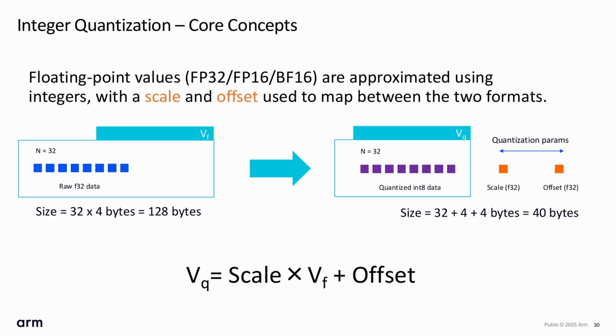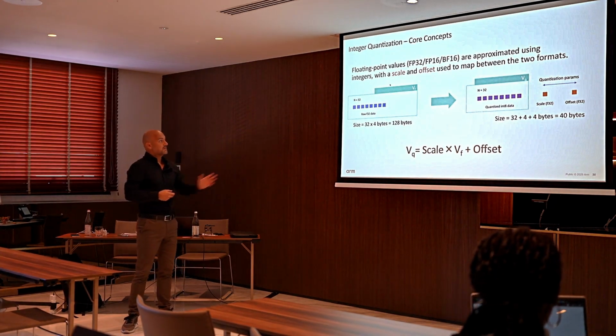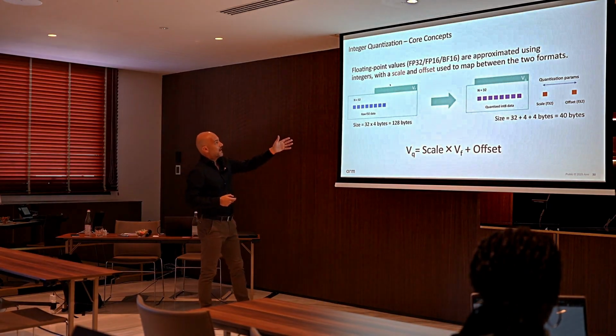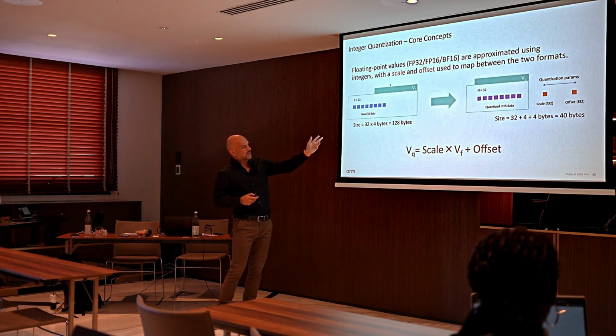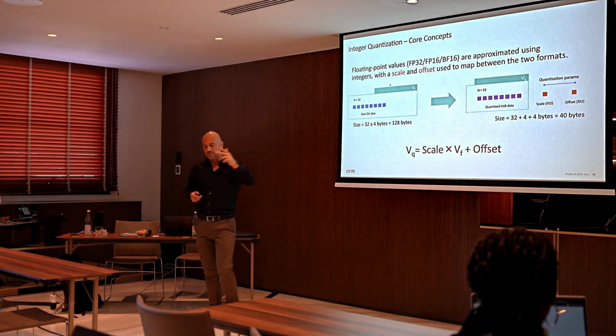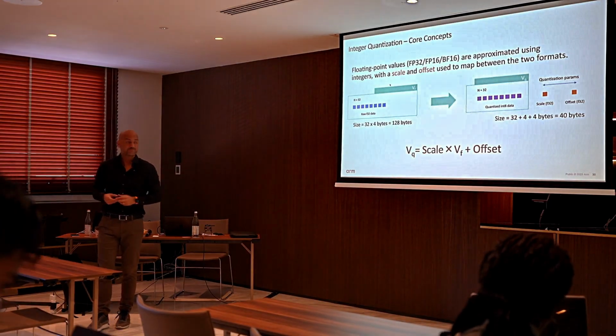By using the combination of these, we can reduce the overall size of my tensor, my vector, my matrix, and so on. And this is an example. If I have 32 values, well, I think between 128 and 40 bytes is something around 3 point something, which is quite significant, I would say.